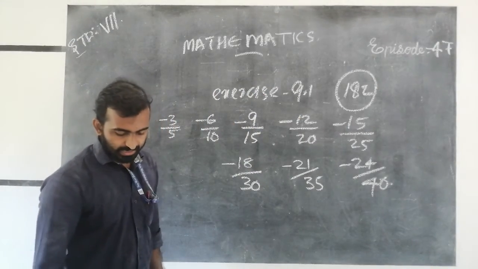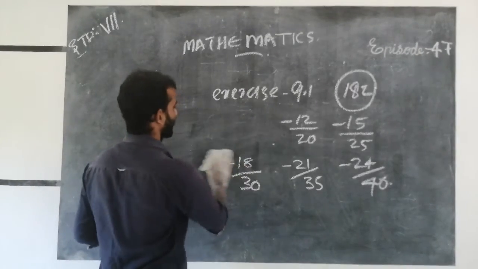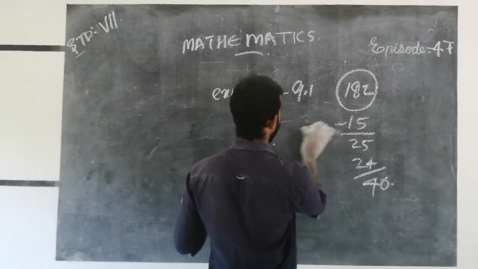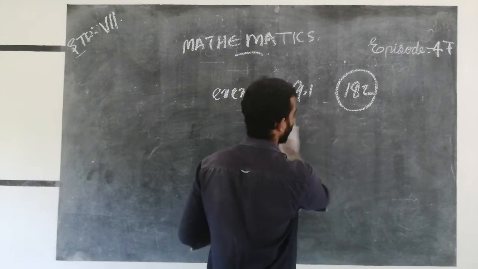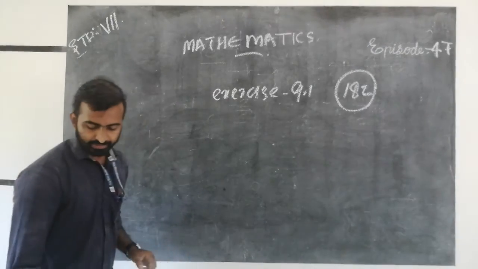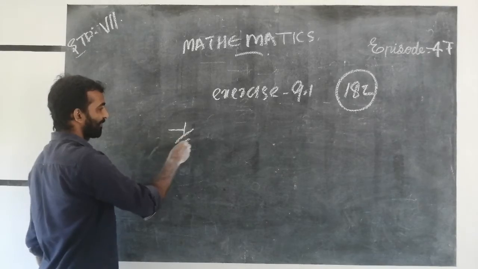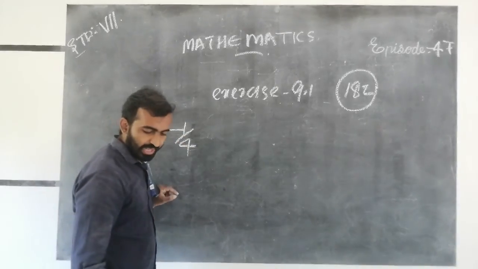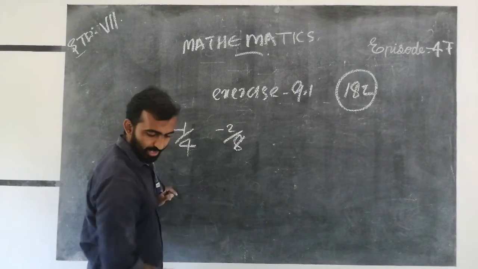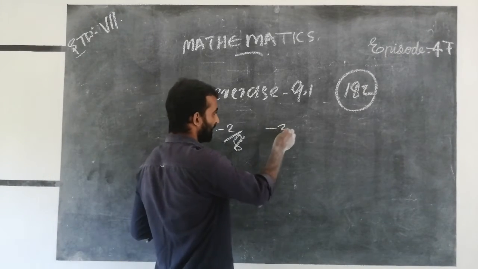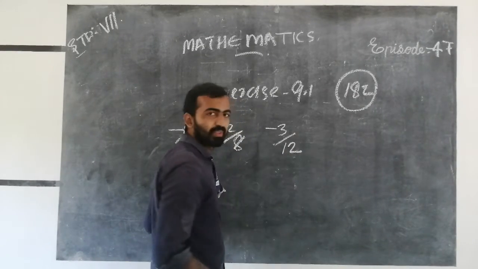And what is the second pattern? The second pattern is negative 1 by 4, negative 2 by 8 and negative 3 by 12.